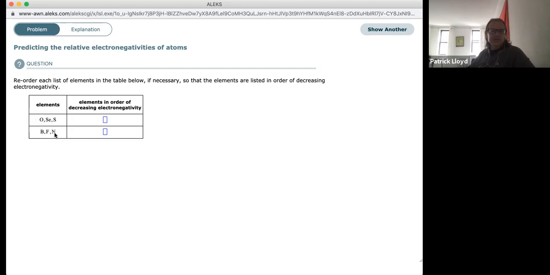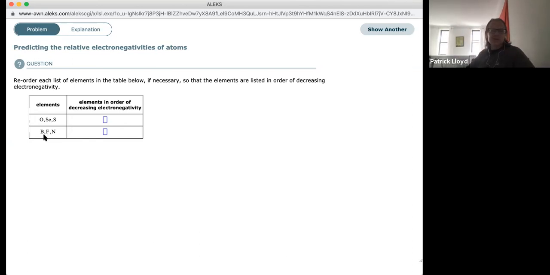Now, these three elements are not in the same family. Boron is in group 3A, fluorine is in group 7A, and nitrogen is in group 5A. But they're in the same row, the same period. That means electronegativity increases as you move from left to right.